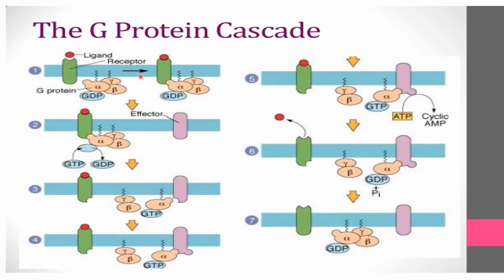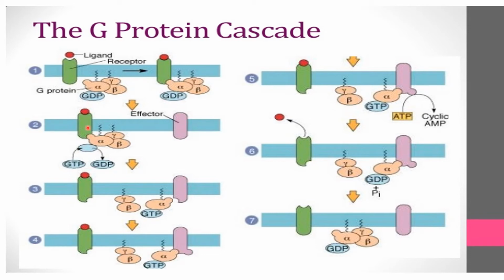In this figure, the cascade of G protein is shown. In the first figure, as you see, the ligand attaches to the G coupled receptors, and when these receptors get attachment with the ligand, they get activated with the help of G protein.